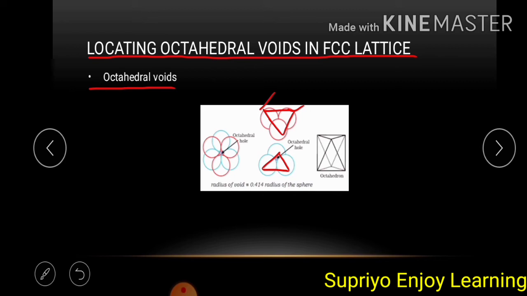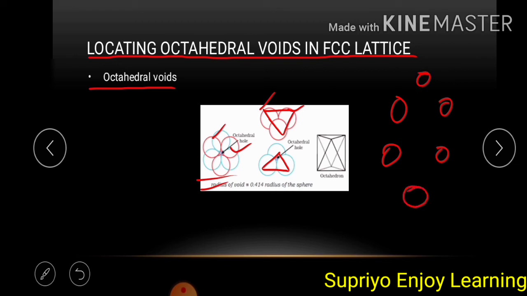So here you see that 3 spheres in the first layer and 3 spheres from the second layer placed over this one, and total 6 spheres surround the octahedral voids. Now octahedral void can be also shown by 6 spheres in this way. 4 spheres are in one plane and one will be above this fourth sphere and another will be below of this fourth sphere.